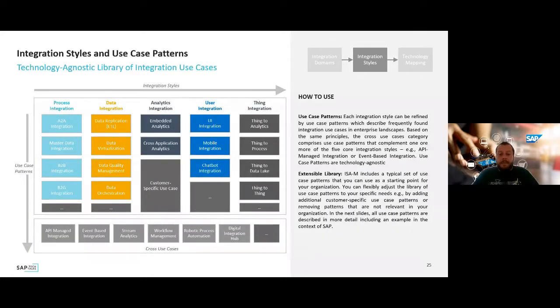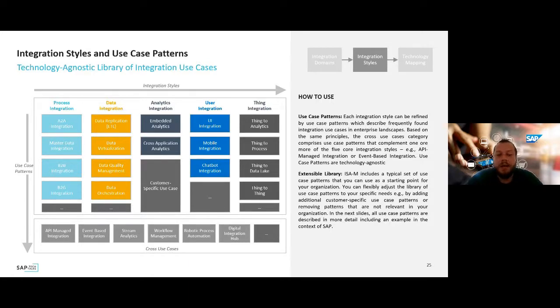Then we come to the mapping, where we have the integration styles here, right? So it's exactly the same as what we were looking at before, and we start to go deep into the use case patterns. What I mean by that is, you can have a process integration, but inside the process integration you have specific use case patterns. For example, application to application, or master data integration, or the classic B2B or B2G.